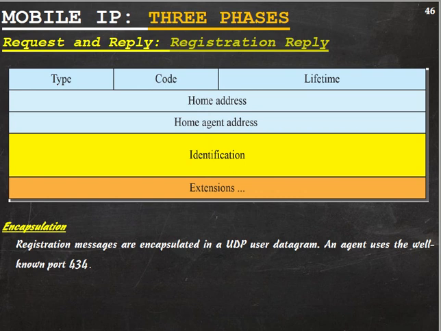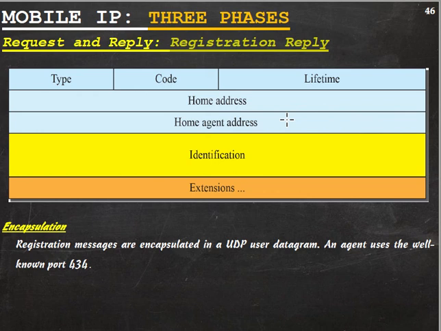Based on the registration reply format shown in this particular diagram, the fields are almost similar to those of registration request. Even there we had type, code, lifetime, home address, home agent address, etc. The value of the type field here is 3.